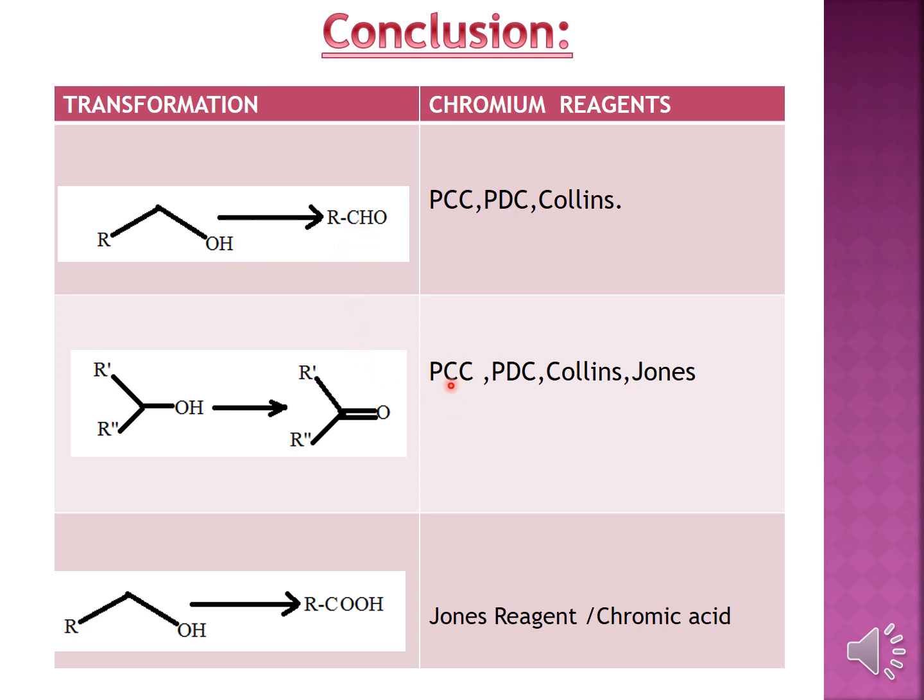Okay, again PCC, PDC, Collins and Jones, for the secondary alcohol you can do the transformation to the ketone. And for Jones reagent or chromic acid, that is H2CrO4, if you take the primary alcohol, the over oxidation product, you will end up with the carboxylic acid.